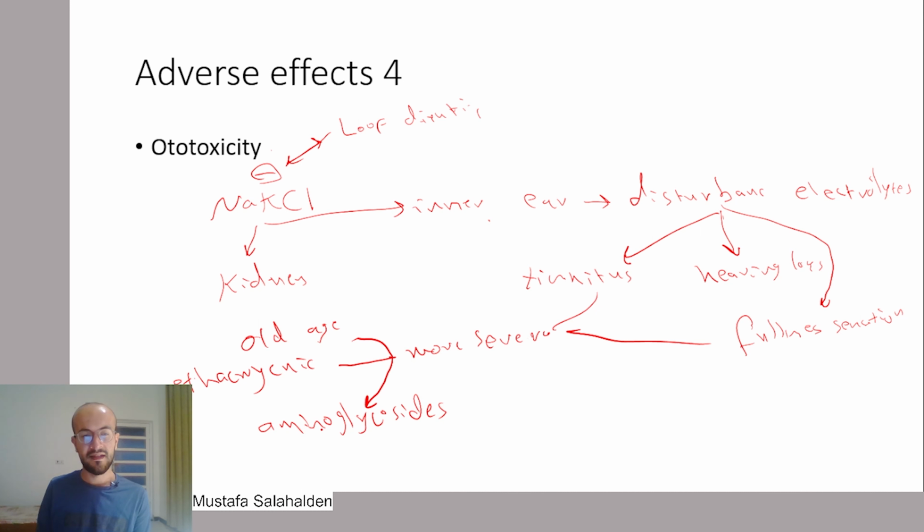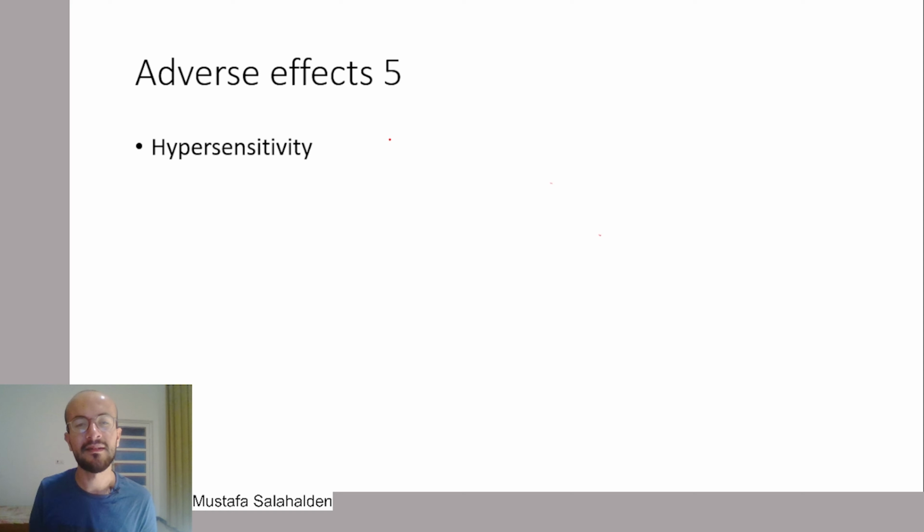When they are also given with the loop diuretics, this would lead to more severe symptoms, and maybe even this might lead to irreversible hearing loss.